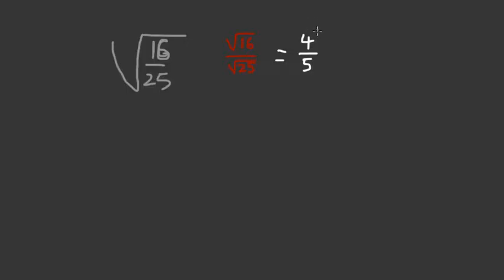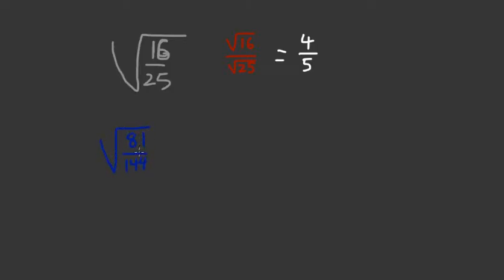Let's take a look at another example. Let's say we have 81 over 144. So you need to square root that whole thing.